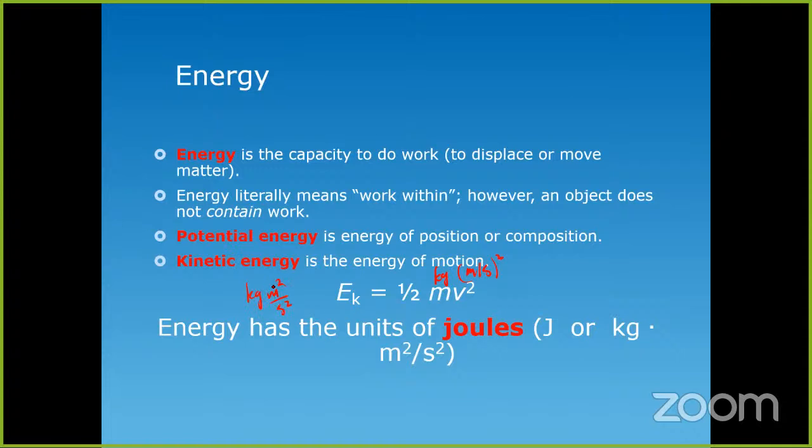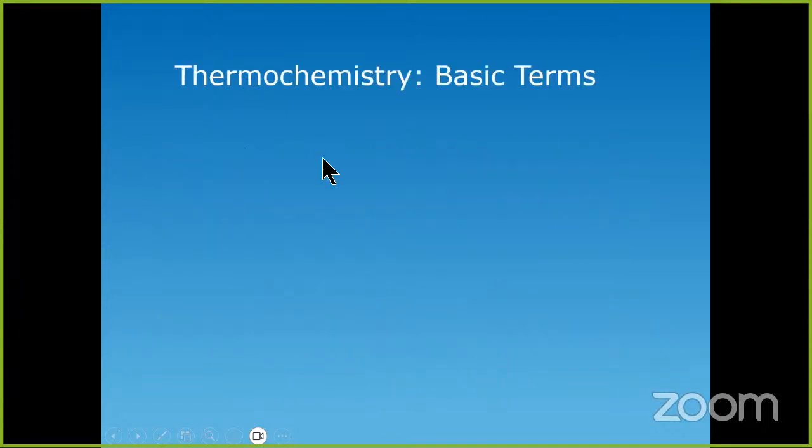And the name given to that collection of units is called a joule. So whenever you see the joule, it's the same thing as this collection of units right there, kilogram meters squared over second squared, right? And that's the metric unit or the SI unit for energy, all right?